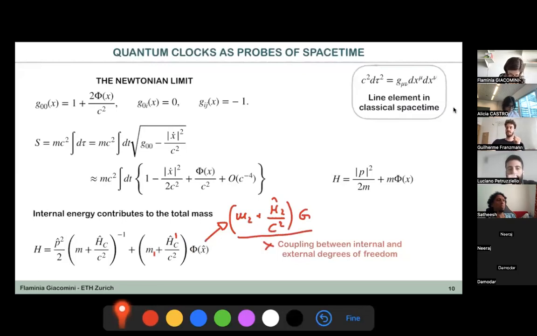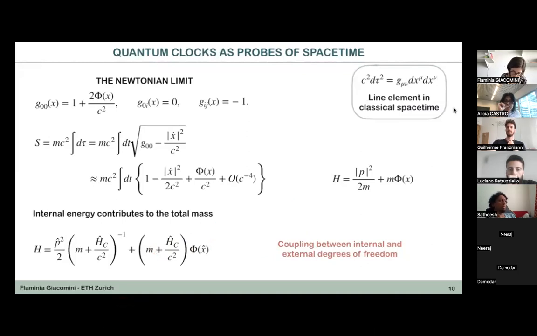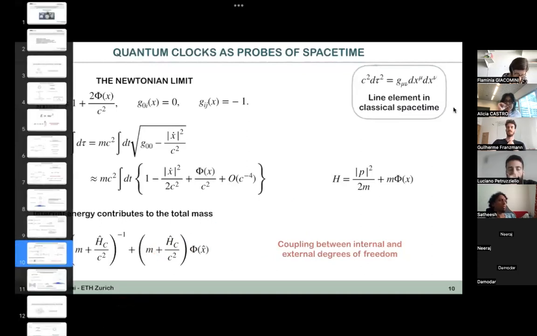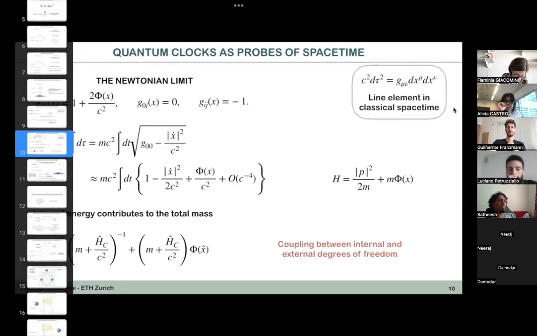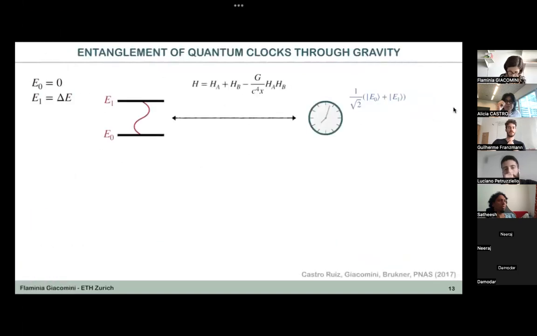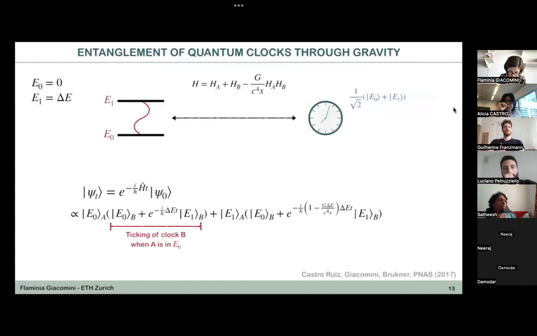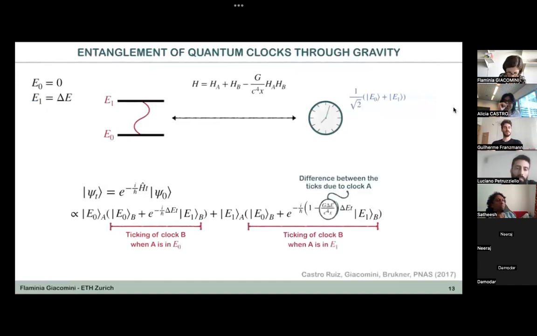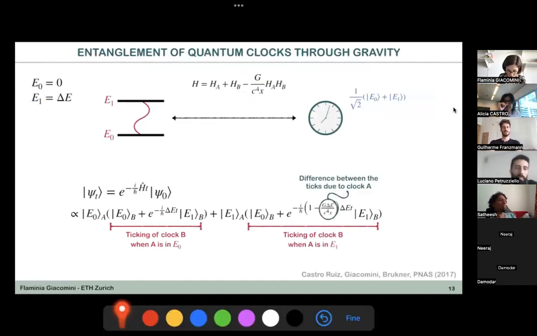So basically what I have is m1 m2, m1 h2, h1 m2, and then h1 h2 divided by c squared, x times G. And then we can look back at what we have here, and this is exactly this term: HA, HB, G, c squared times H.